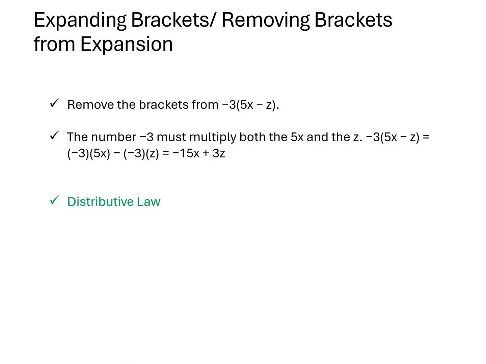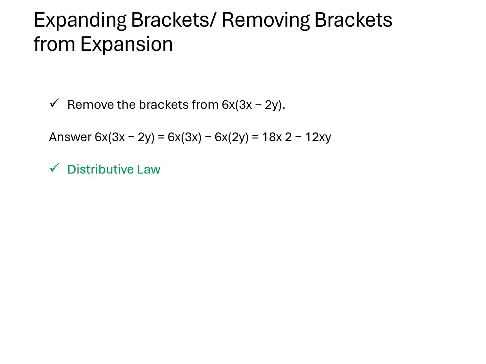Remember, we're multiplying integers now, so negative times positive. If the signs are different, it's going to be negative. So 3 times 5 is negative 15x. Minus, minus: both minus signs are together, so it becomes a positive. So plus 3z. And that's the answer.